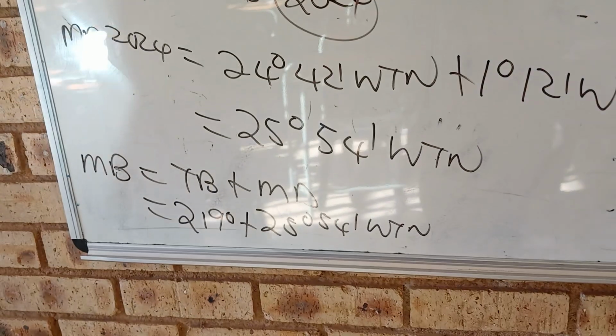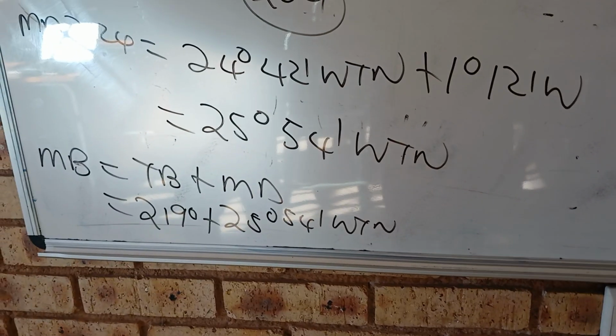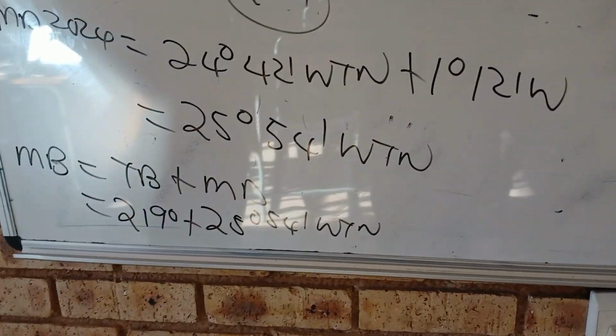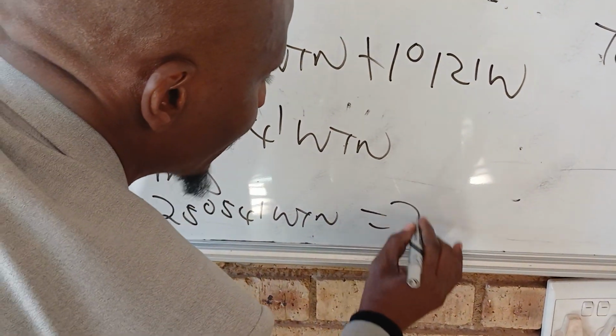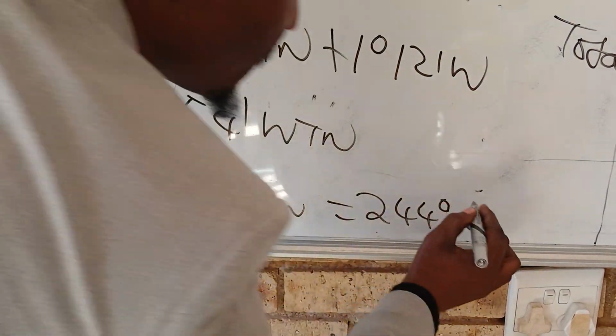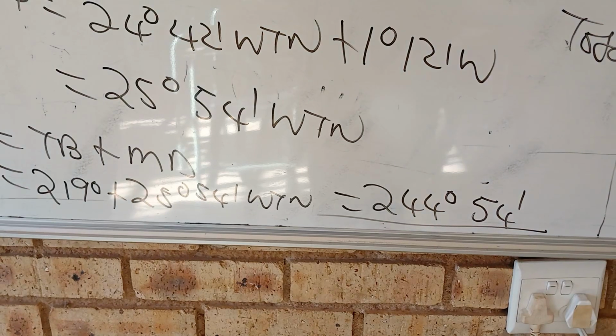If you add the two now, 219 plus 25, what do you have? You are going to have 244 degrees. You still have the minutes there, 54 minutes. That will be your magnetic bearing.